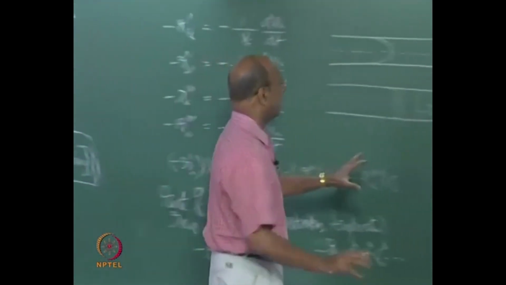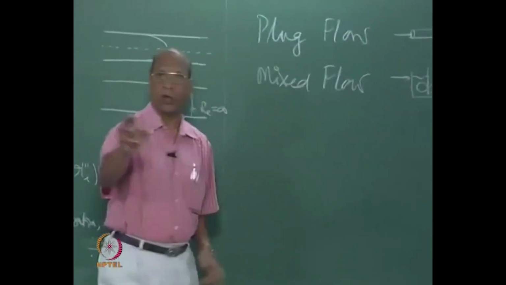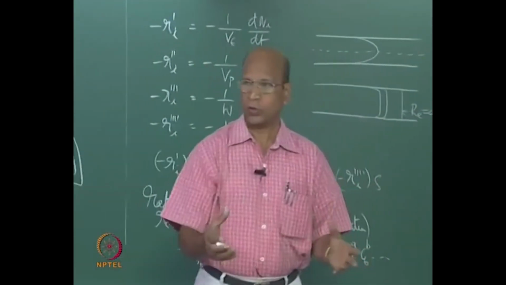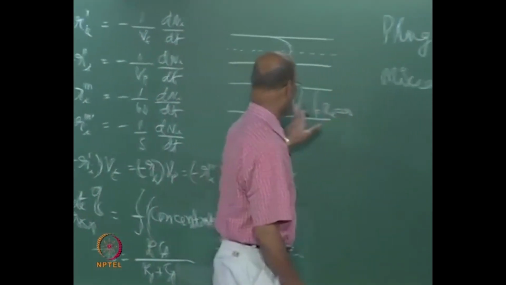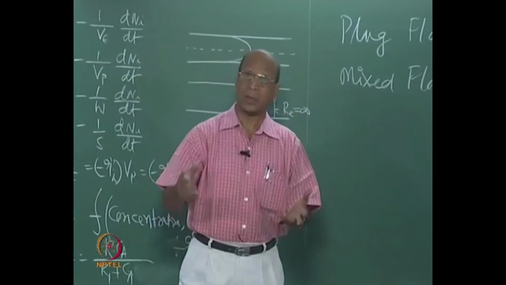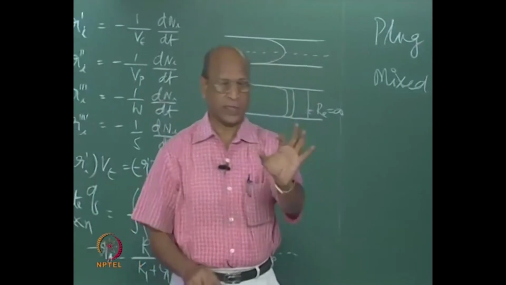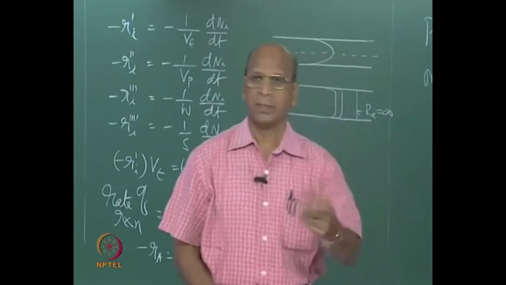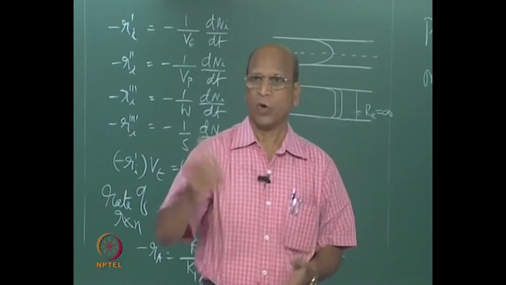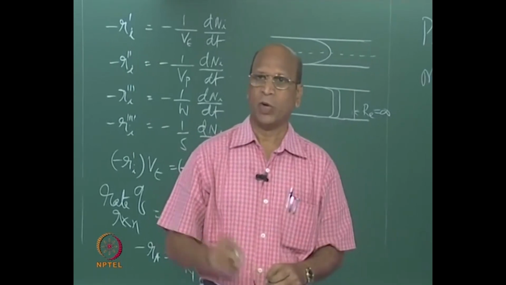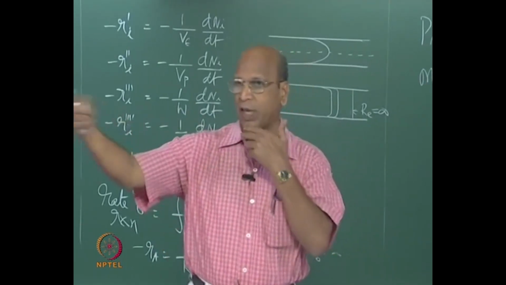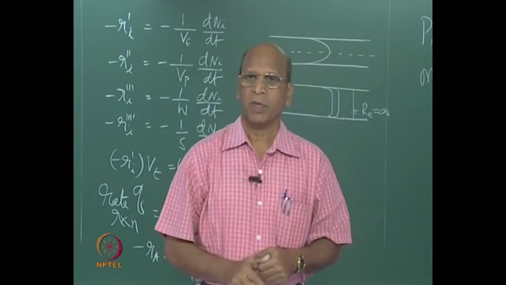Now we are only talking about plug flow and mixed flow. How do you choose? That is the reason why I have given this example, Reynolds number. Reynolds number is a function of velocity, right? For a fixed liquid, that means fixed properties rho and diameter, as you increase velocity, you increase the Reynolds number.